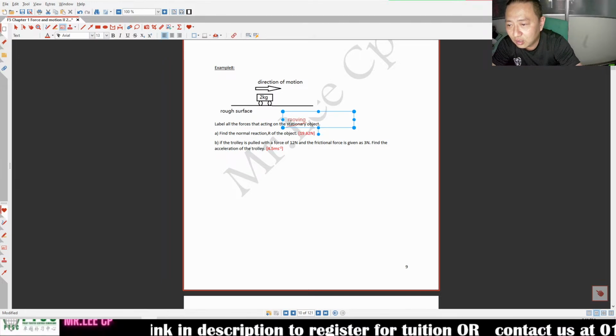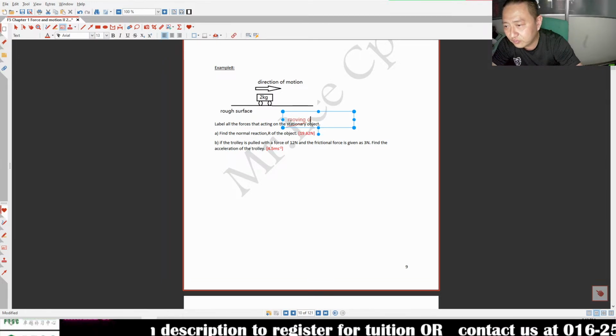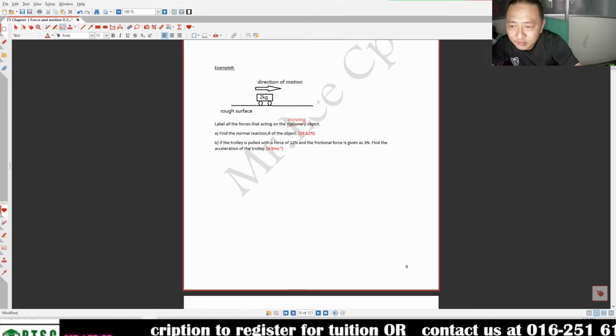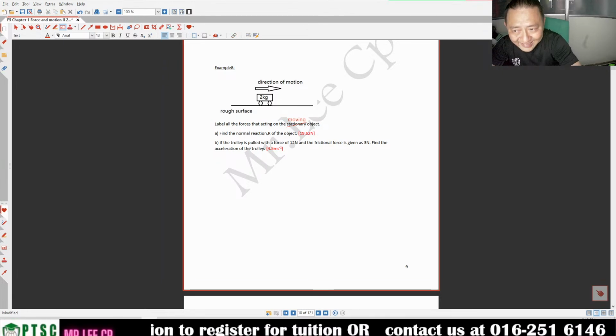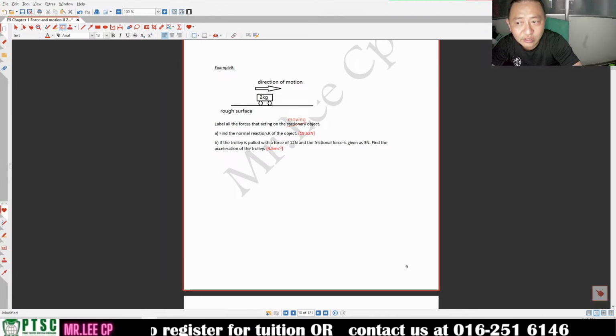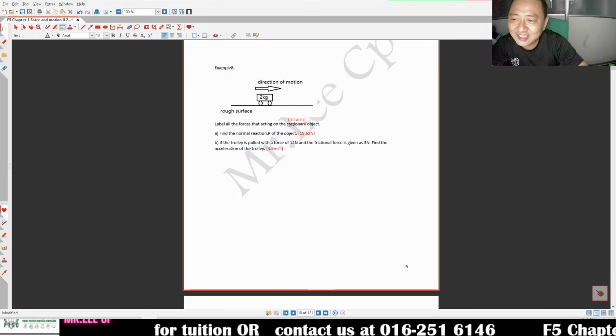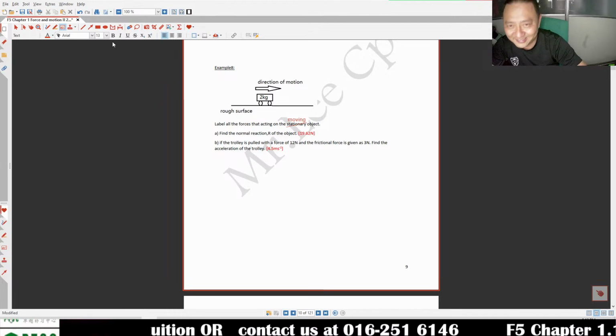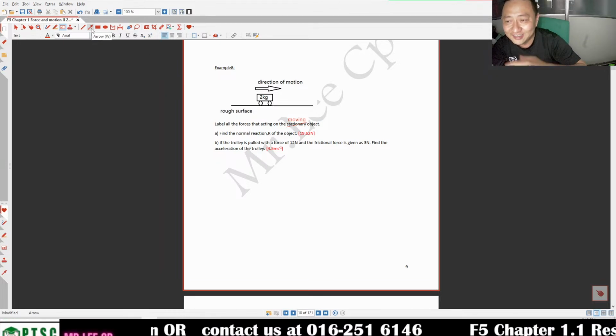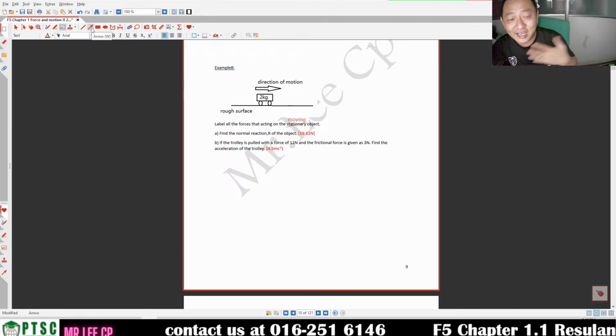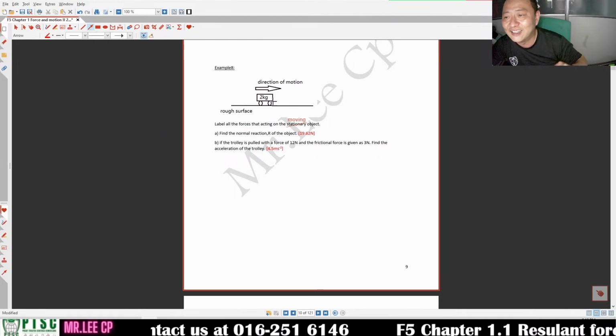Label all the forces acting on the object. Moving object, not stationary. Stationary means not moving. If I said stationary, where is the direction of motion? I made this question on my own, and I know where I made the mistake.